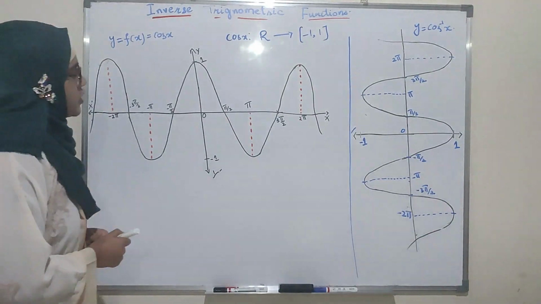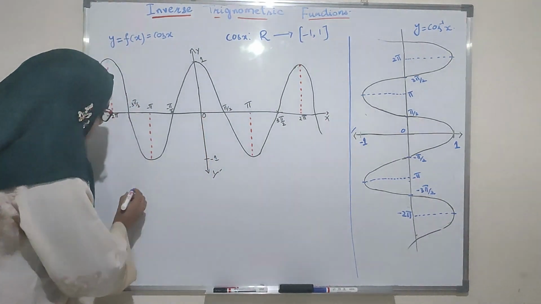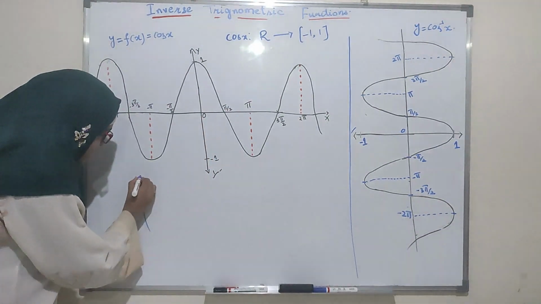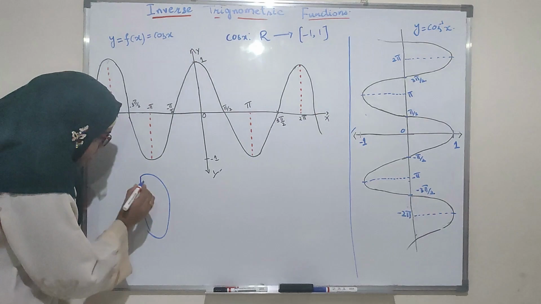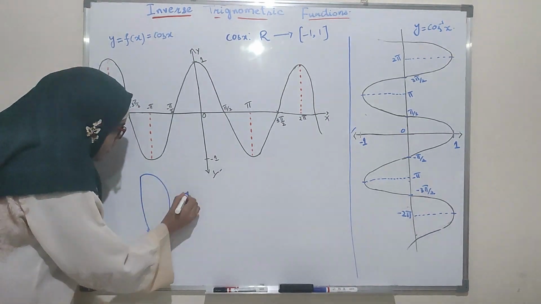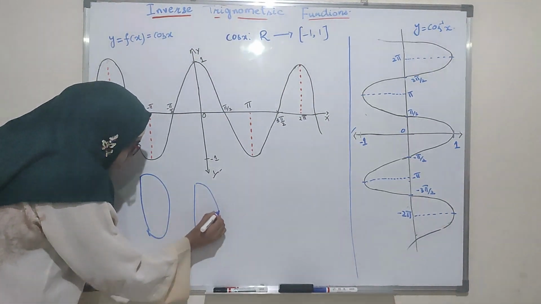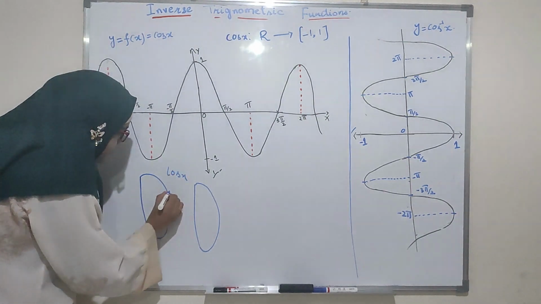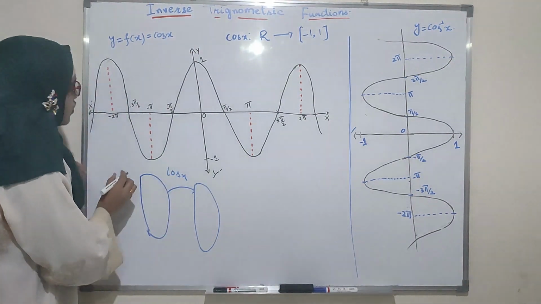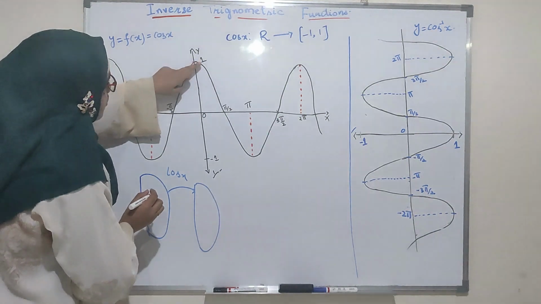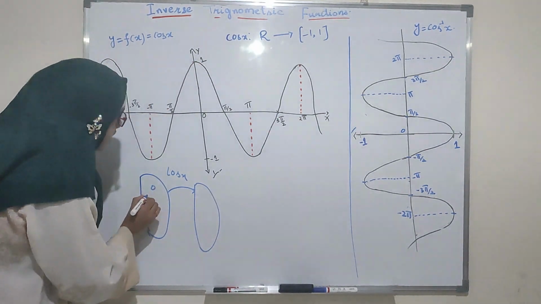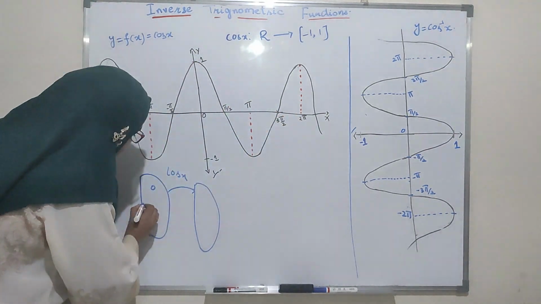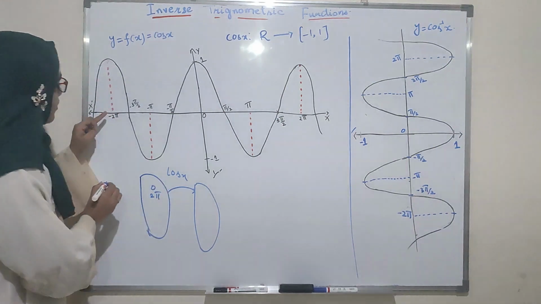Or you can write it in this way. I think it will be easy for you to understand. Here, the domain and range, cos x mapping like this. So we have 1 on 0, on 2 pi and on -2 pi.